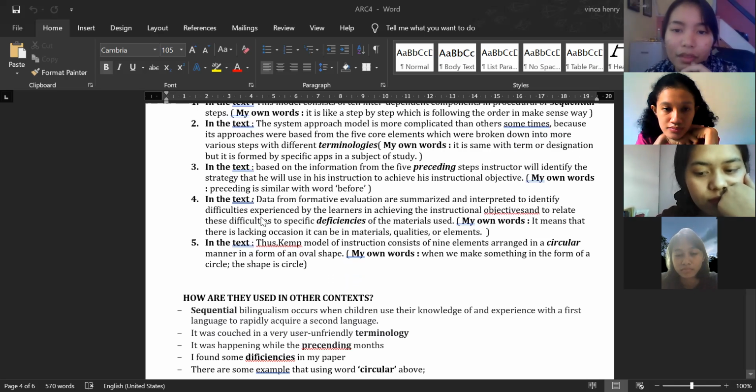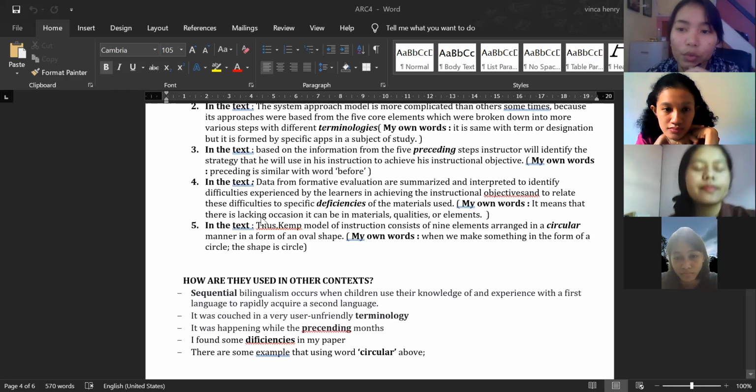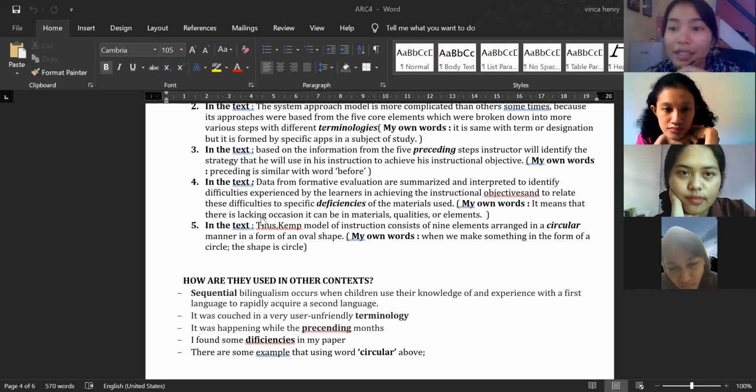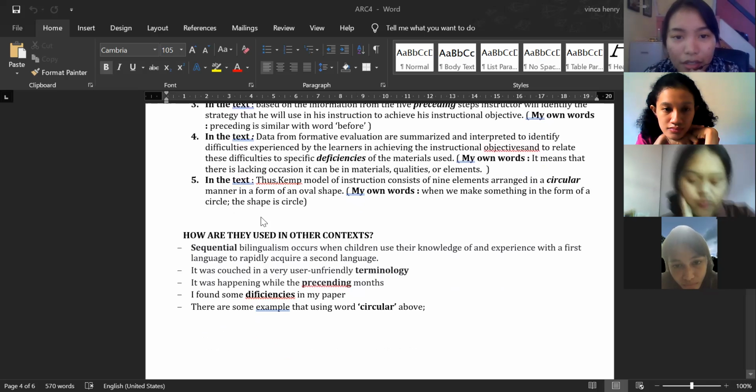Third, preceding. In my own words, preceding is similar to the word before, so they have the same meaning. And fourth, deficiencies.